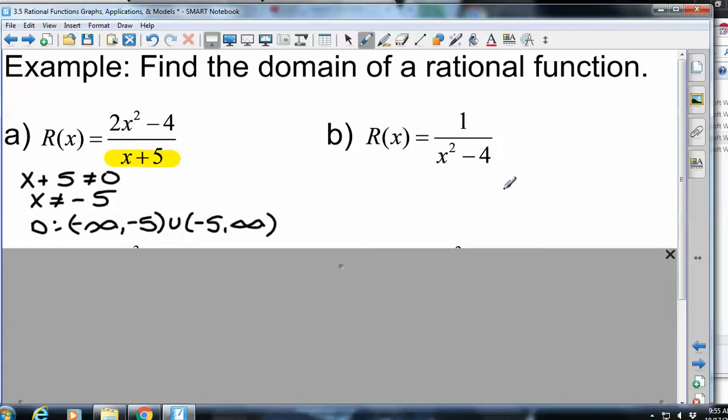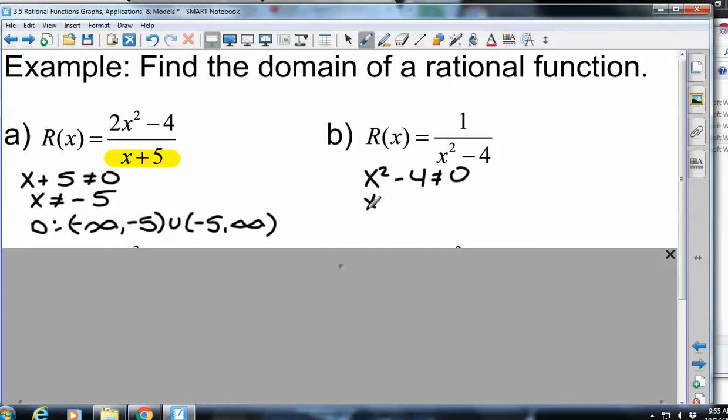I'm looking at this one. I know the denominator cannot equal 0. So what would we do here? There's more to it though.